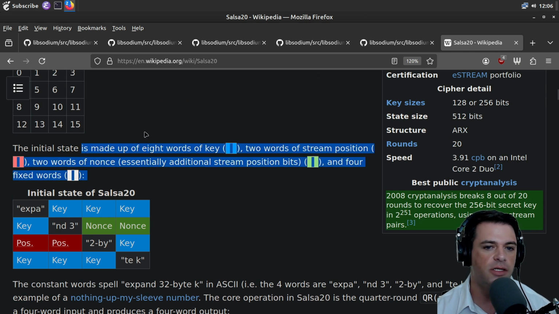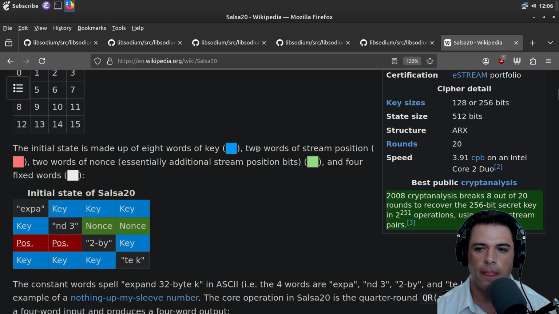Initial state? The initial state is made of 8 words: 2 words of stream position, 2 words of nonce, essentially additional stream position bits, and 4 fixed words. So I think this is kind of what we just saw. Is that right? So the key, 8 words of key.